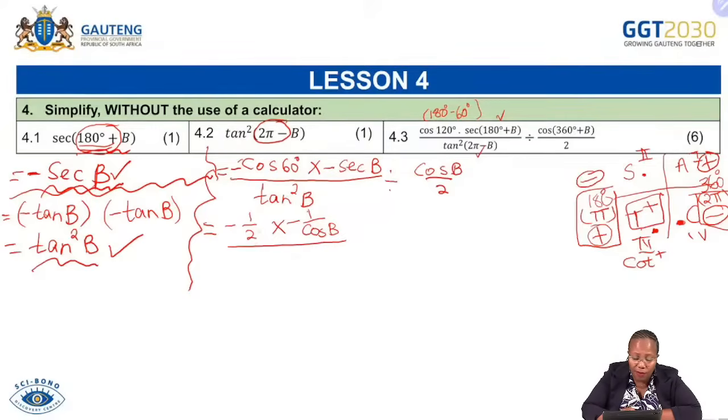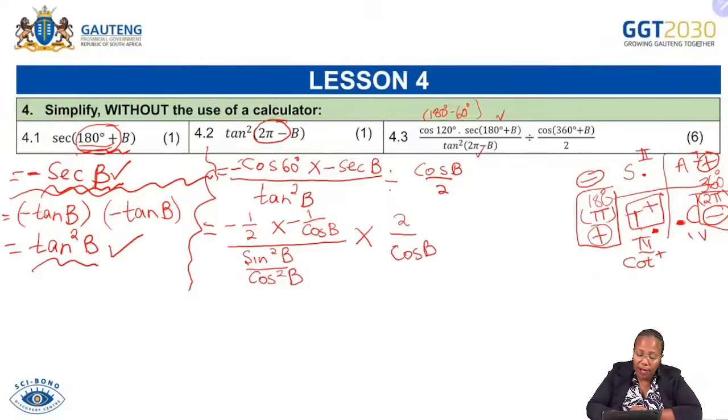A tan is sine over cos, that will be sine squared b over cos squared b. Then we change this to multiplication, it will be 2 over the cos b. Right, the cos of b there will take 1 there, then you'll be left with a negative half times that, it will be positive 1 over 2 cos b. Okay, multiply by that 2 on top there.